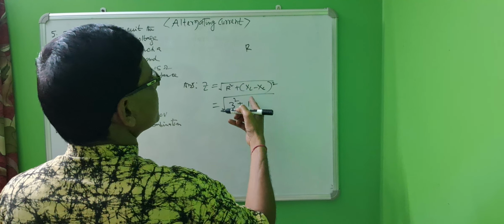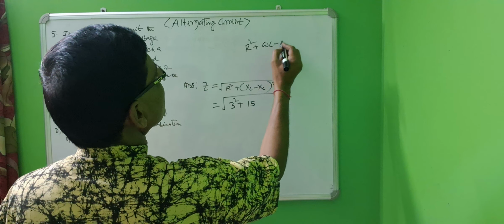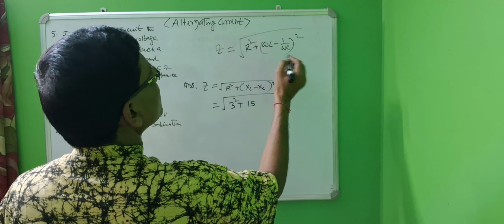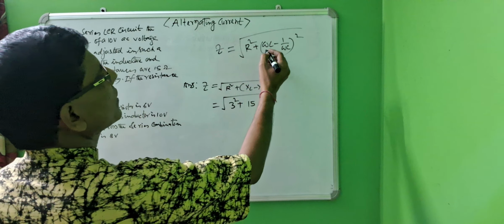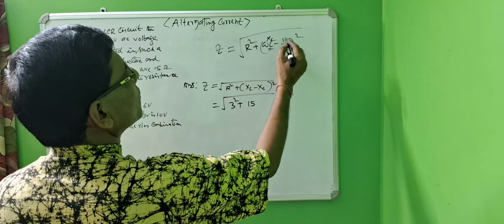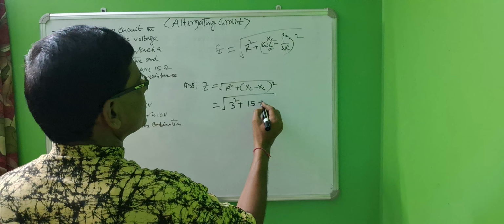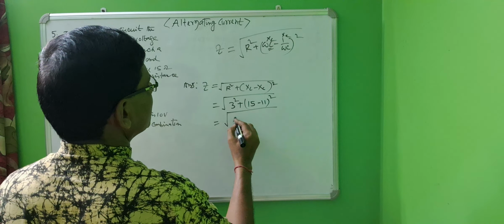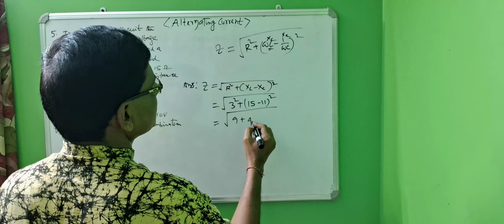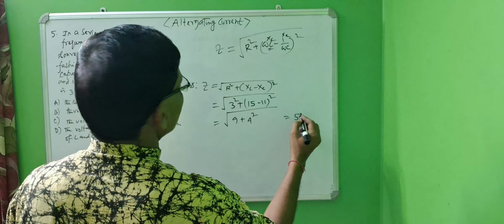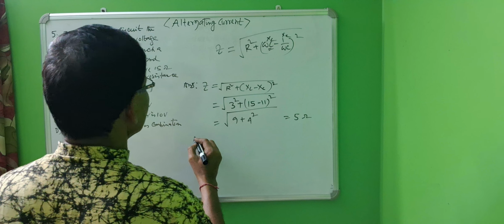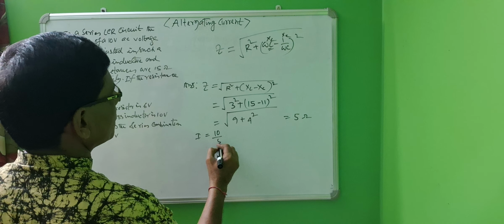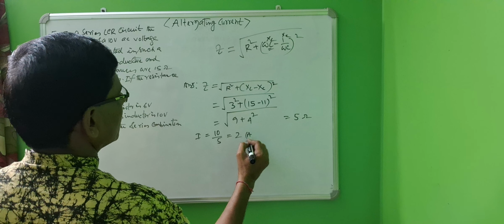Because we know Z equals root of R square plus omega L minus 1 by omega C, this whole square. Here omega L equals XL and 1 by omega C equals XC. So Z will be 5, so I equals 2 ampere.